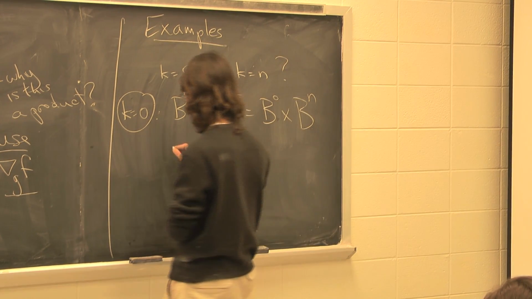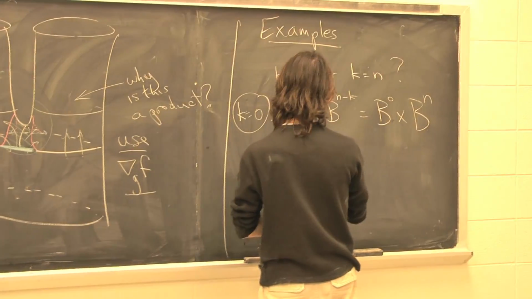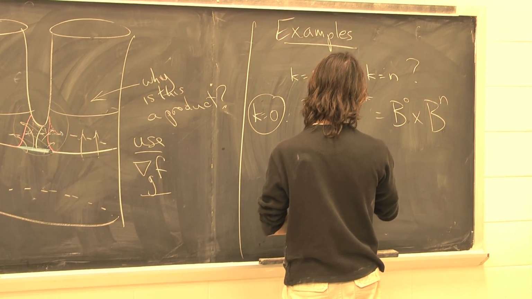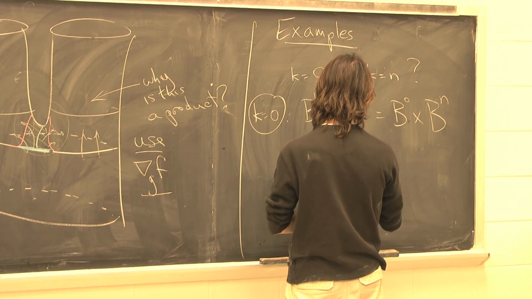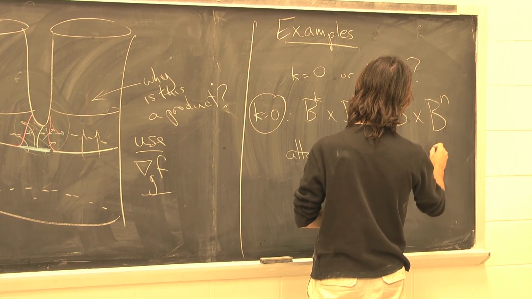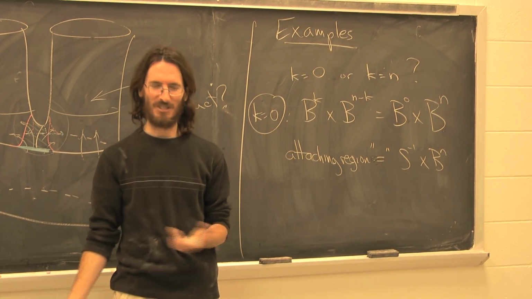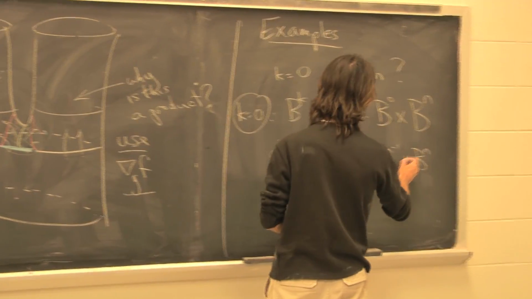So the convention is, the attaching region is, quote unquote, S^{-1} cross Bn, but S^{-1} doesn't make any sense. By convention, that's the boundary of the zero ball, that's an empty set.